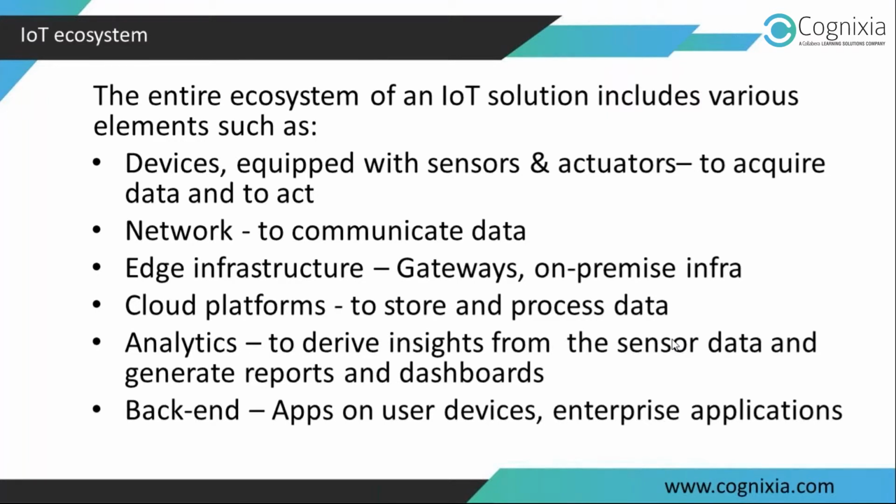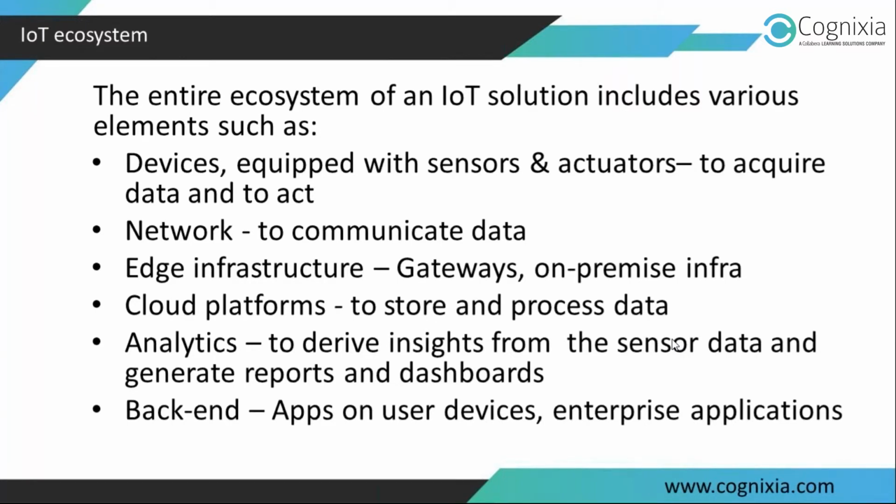The second component of an IoT ecosystem is obviously a network. A network enables connected devices to talk to each other and exchange data with each other. The edge infrastructure refers to that group of high-end computers called gateways. And a gateway plays multiple roles in an IoT network.